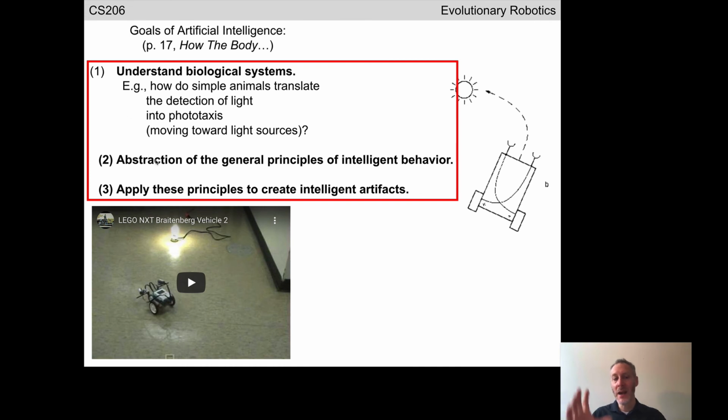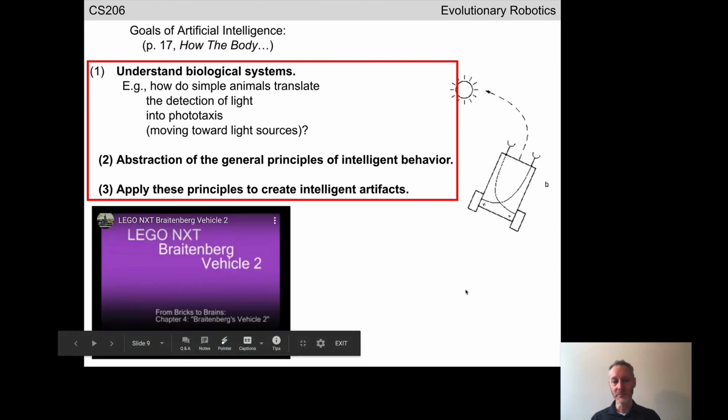Or similarly, abstract away all the biological details of what Mother Nature needed to do to produce intelligence, and get down to the simplest abstract definition of the general principles of intelligent behavior. And if we can precisely describe and abstract away, we should be able to get to the point where we can apply or build those principles into intelligent artifacts.